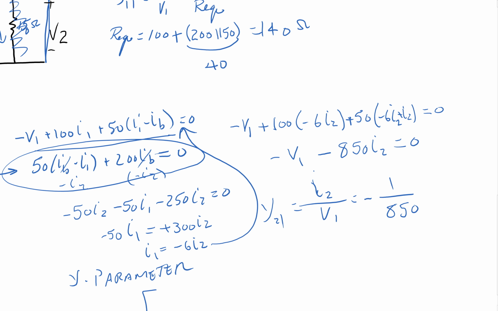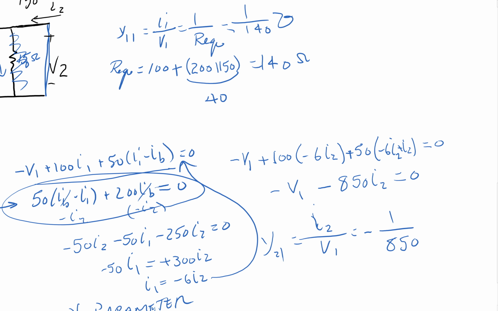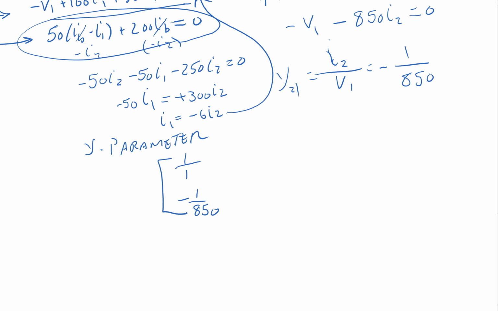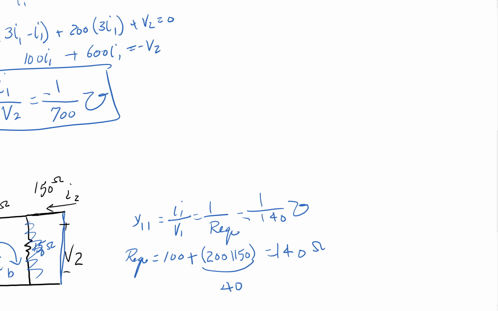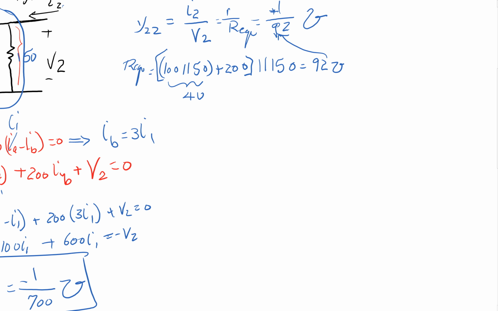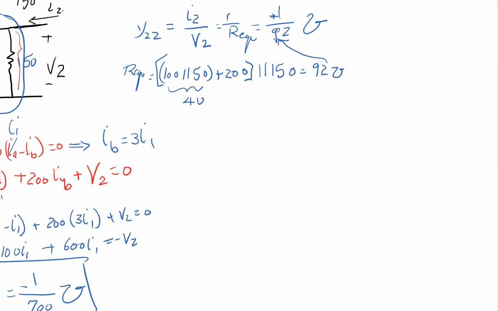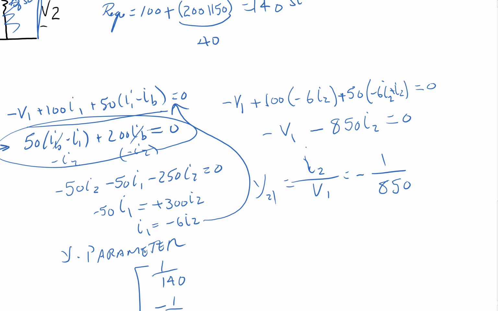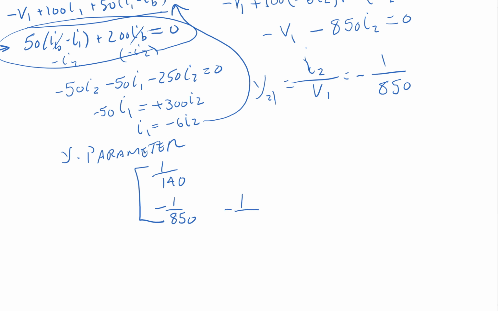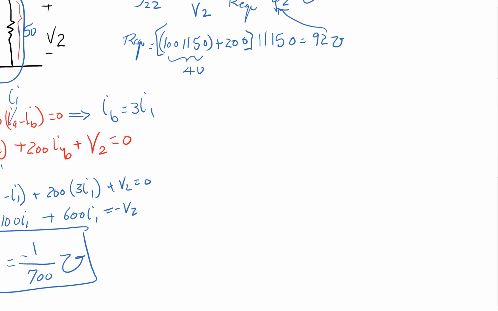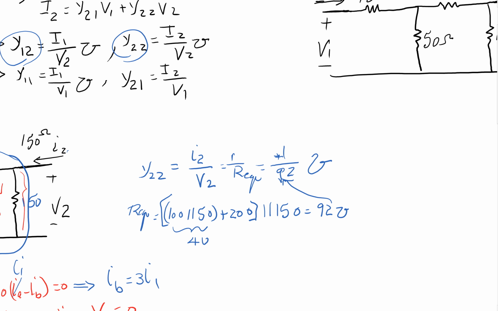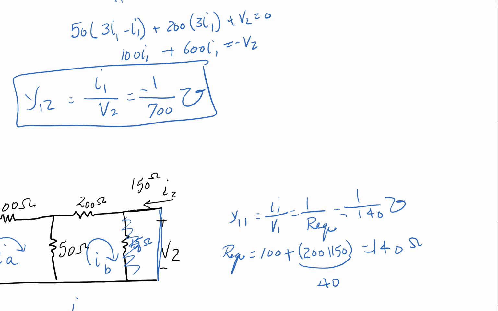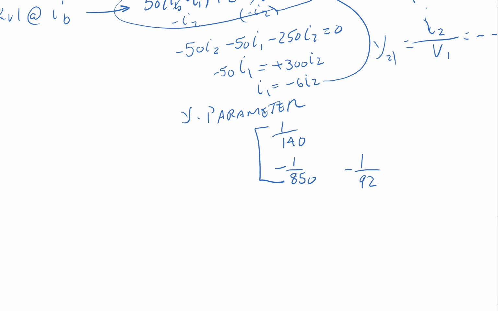Based on our calculation, hopefully right, we have 1 over 140 as Y11, and then back up here, 1 over 92 is Y22. And then what else do we have going? We need one more, which was right here, minus 1 over 700. And that is our Y parameter.